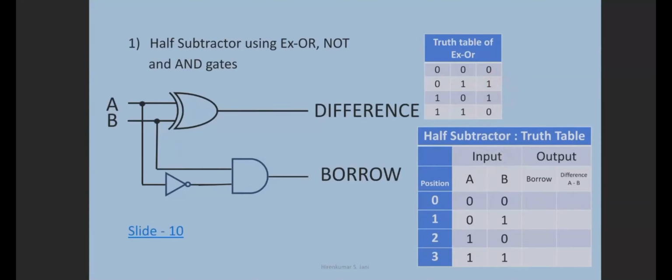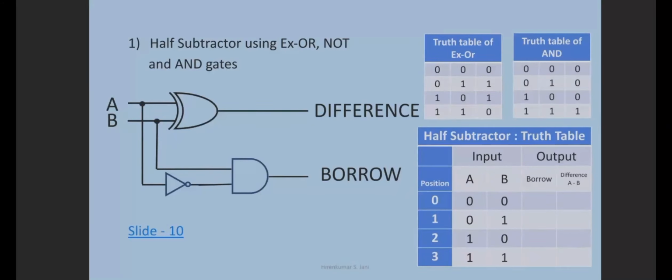Thus, for the XOR gate, we will have 1 as the output for different inputs and 0 as the output for the same input. Next, we will have AND gate.